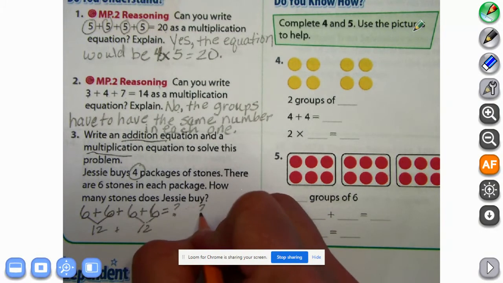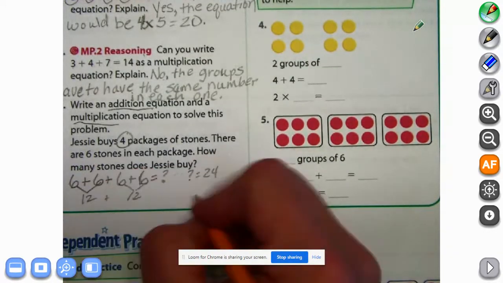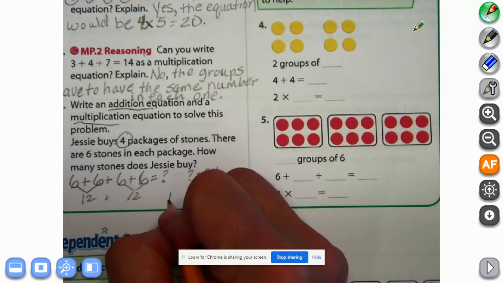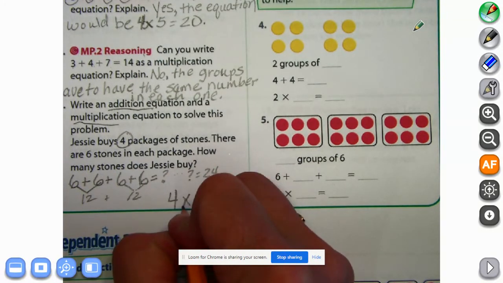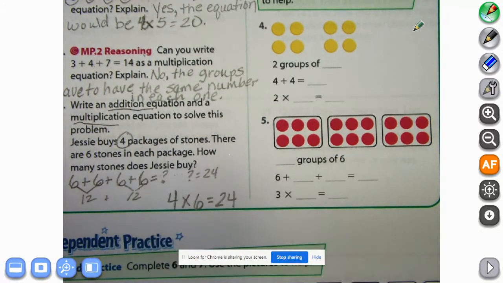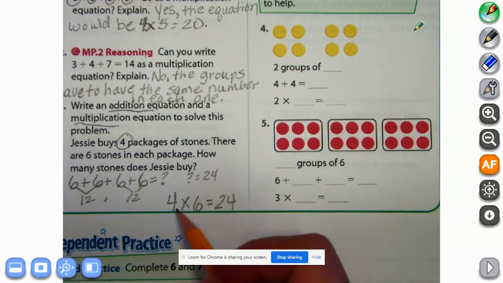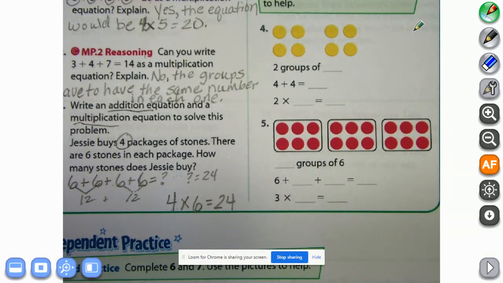So the question mark equals 24. They're all the same amount in each group, so we can make that a multiplication problem. We can go over here. 4 groups of 6 equal 24. So we have repeated addition and multiplication, and they equal the same thing. There's 4 groups, and there are 6 in each group.